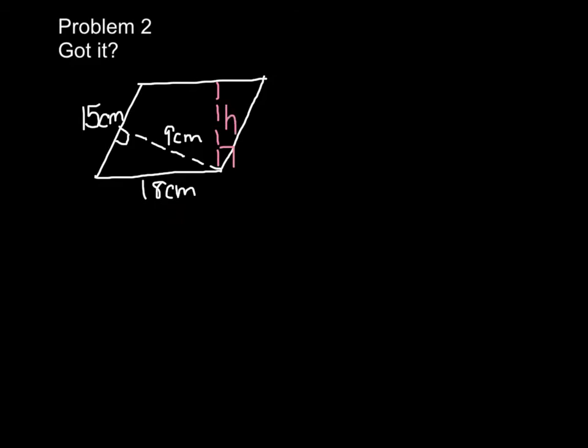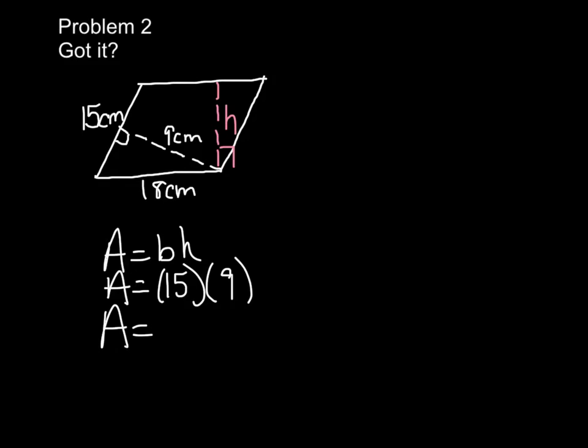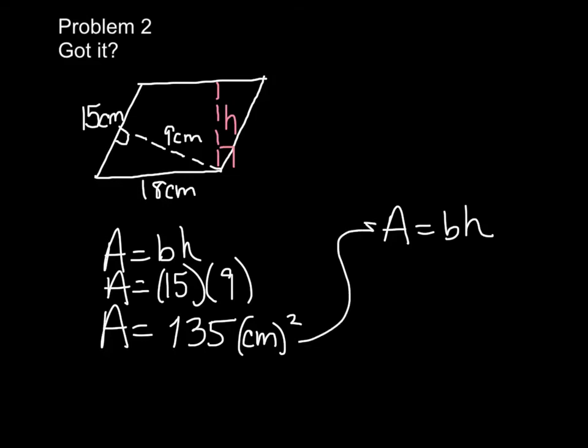So what you're going to have to do is use the base and height that you already know and find the area. So we know base times height. If the base is 15 and the height is 9, that's going to give us an area of 15 times 9, which is 135 squared centimeters. Now we take that and we can plug it in to this equation right here.